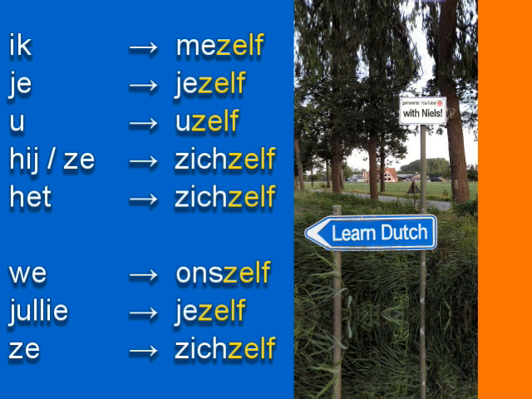In order to create the form with zelf, you simply take the reflexive pronouns from before and add zelf to the end. That's pretty simple, right? Now remember to keep these two forms separate.